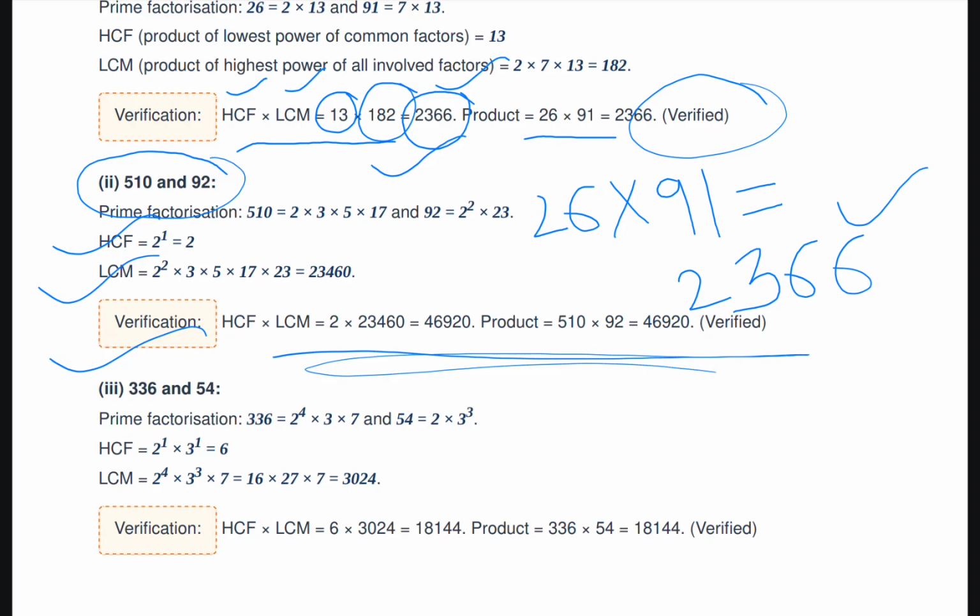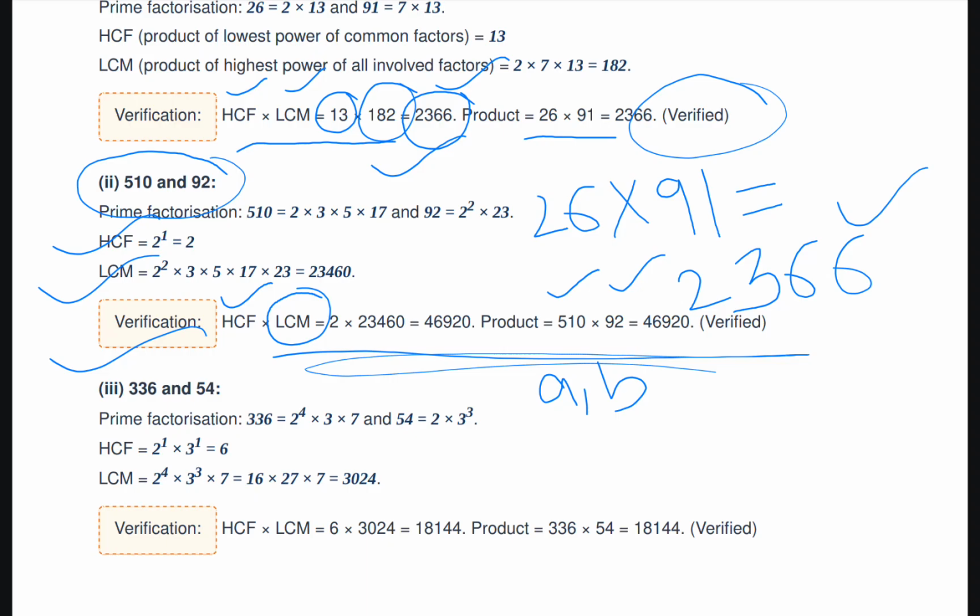Okay, but in the exam, most of the time the examiner gives you three things: the SCF and the two numbers, like A, B, and asks you to find the LCM.